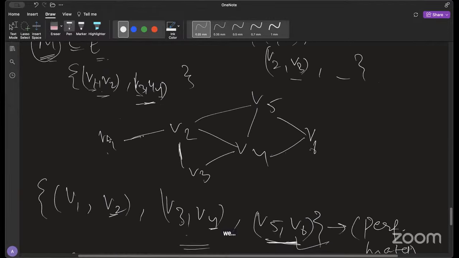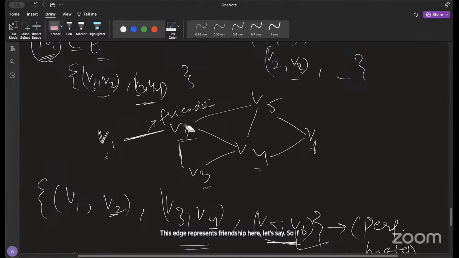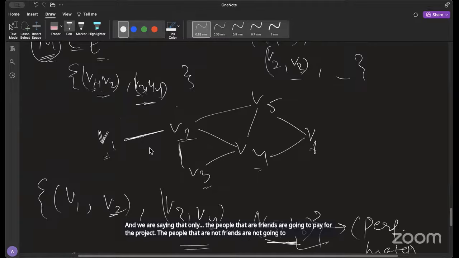If we take this example, let's say these are people, and this edge represents friendship. If you have an edge here, then these two people are friends. And we are saying that only the people that are friends are going to pair for the project. The people that are not friends are not going to pair. That's an assumption we're making.